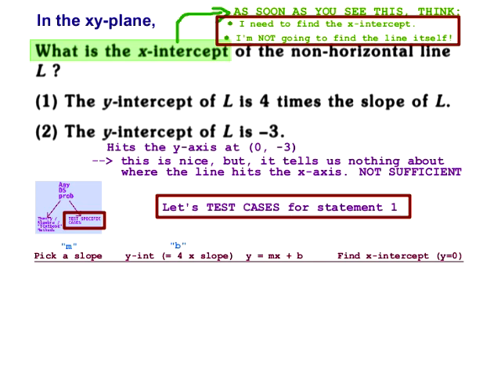So, if the slope is 2, then the y-intercept is 8. So then that's y equals 2x plus 8.